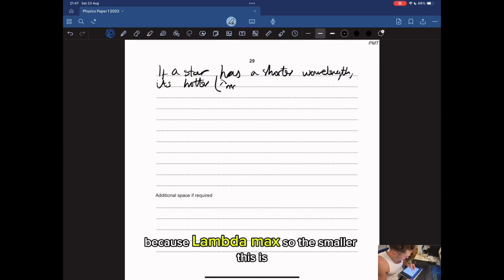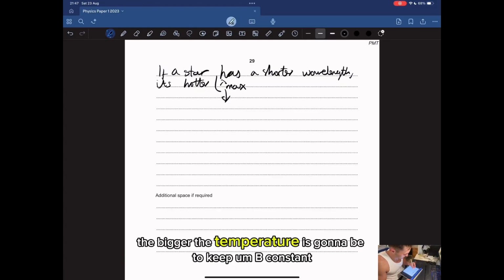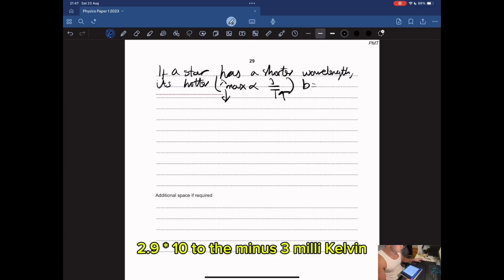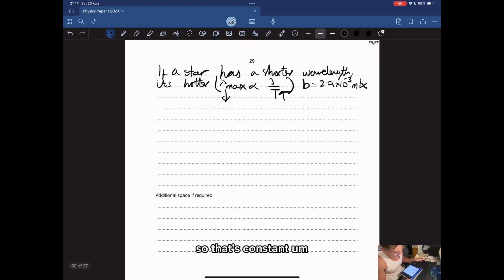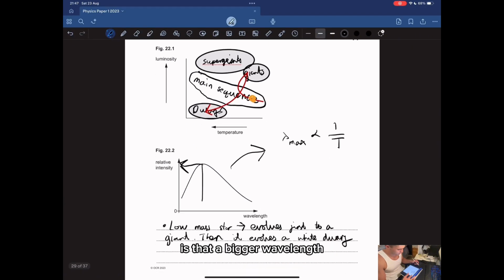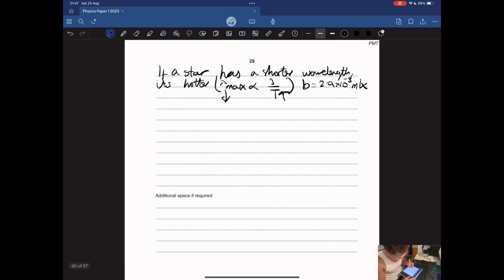Because for lambda max, the smaller this is, the bigger the temperature is going to be, to keep b constant, which is 2.9 times 10 to the minus 3 metre kelvin. So that's constant. So obviously the opposite's true. If the peak wavelength is at a bigger wavelength, it's going to be a cooler star.